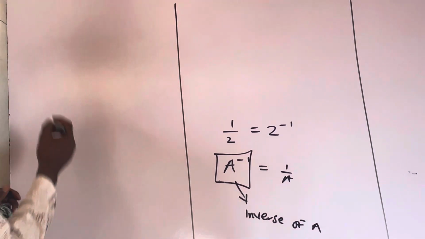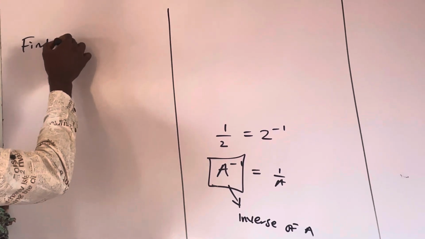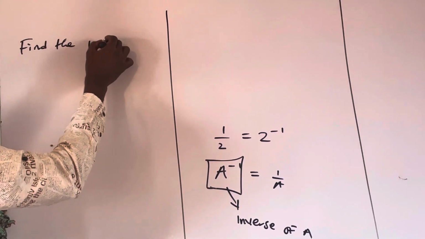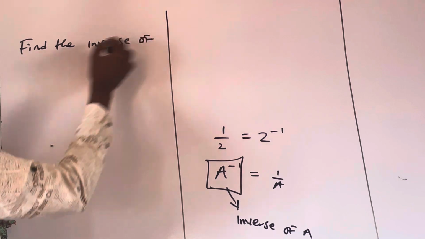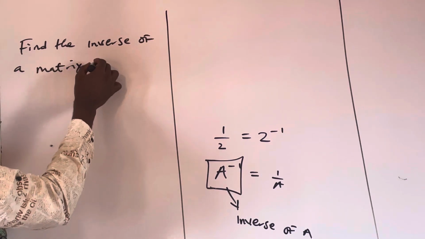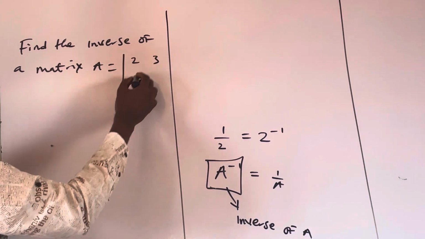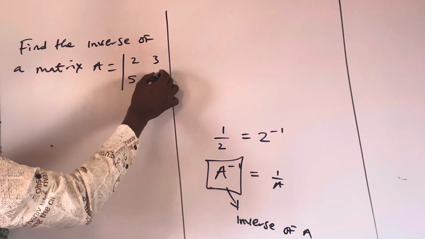Take for instance, find the inverse of a matrix A equal to 2, 3, 5, 4.